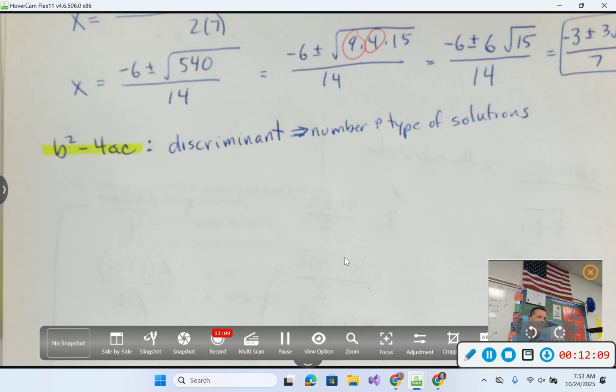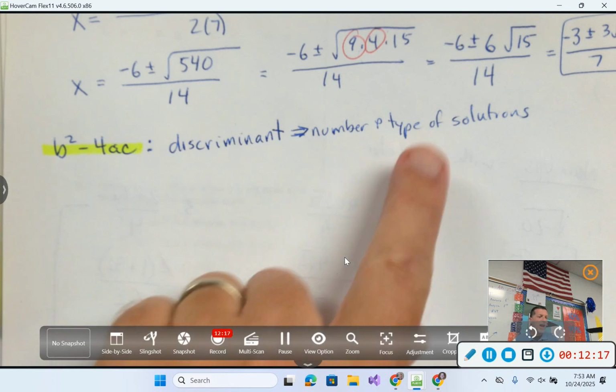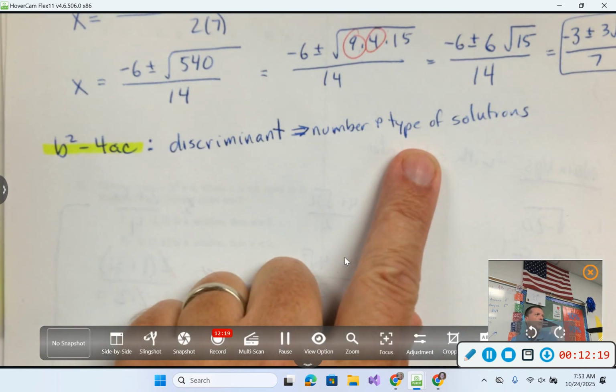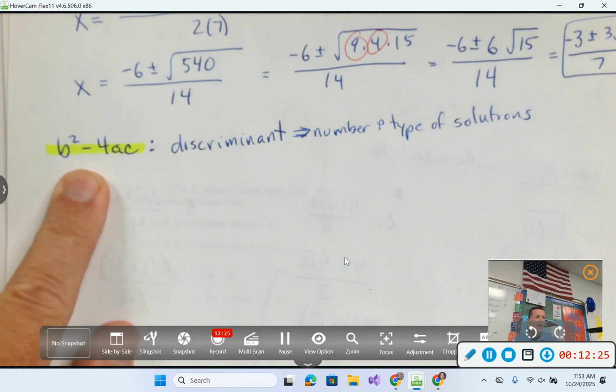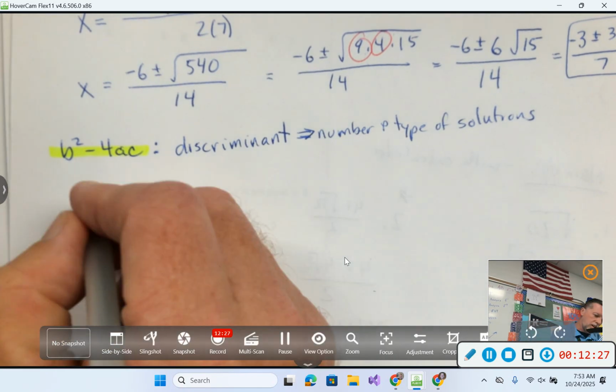So in some sense, it's built into the equation, so it sort of takes care of itself. But there are applications where you want to know what type of answers you're going to get without actually doing the whole thing. And so this helps you focus in on the key part of that formula to know what type of answers you'll get.